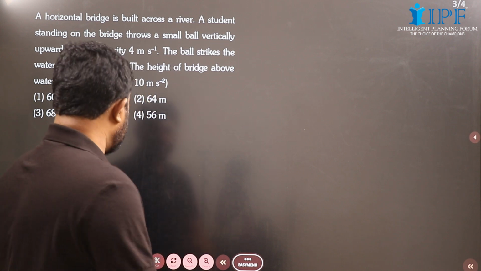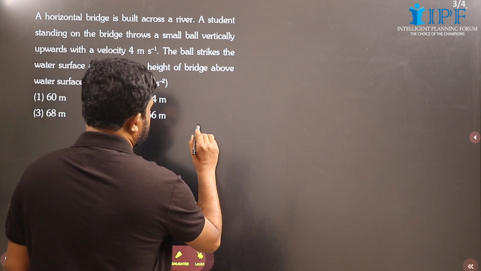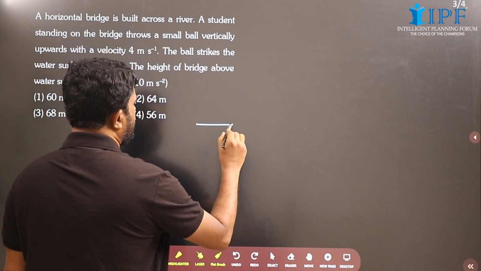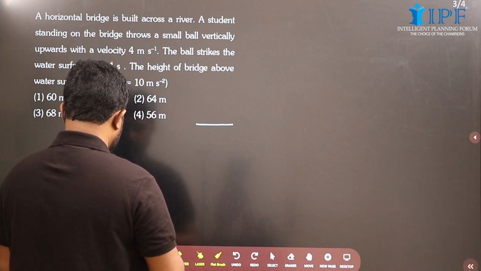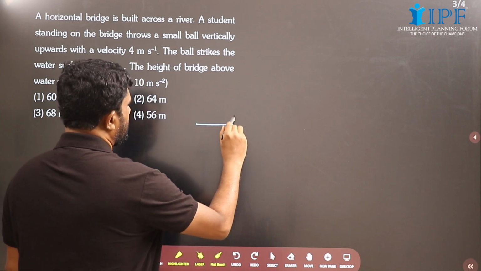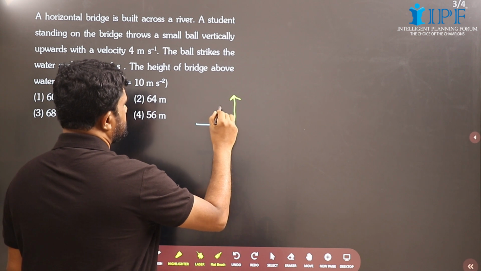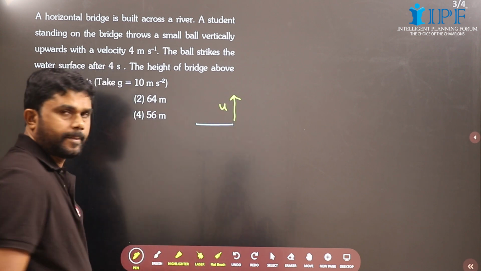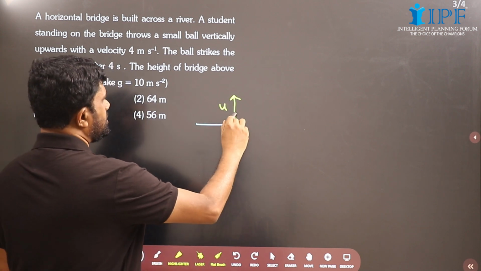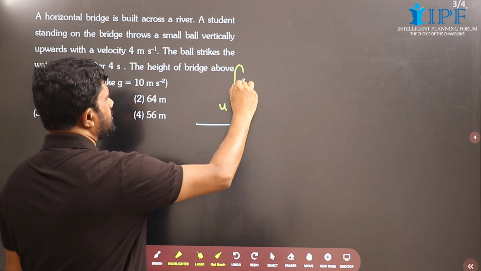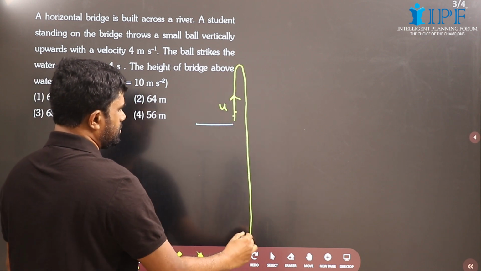Okay, now see, this is the bridge. Now a ball is thrown like this, say with an initial velocity u. It reaches maximum height and comes down.